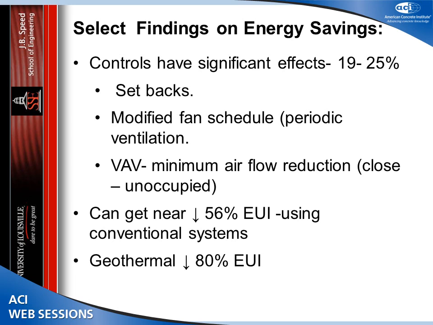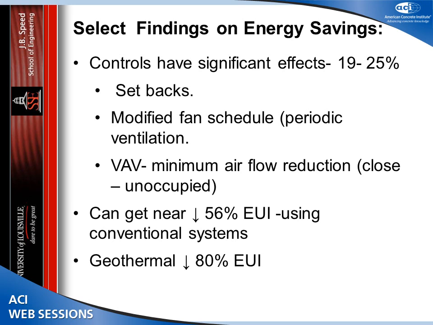Controls seem to be where you get the greatest effect. Setbacks, modified fan schedules, looking at minimum airflow reduction using your VAV system, and I'll talk about each one of these in subsequent slides. But when we looked at the combined effect, we looked at some of the most effective energy efficient measures. We combined them together using a conventional VAV system with a chiller and a boiler.